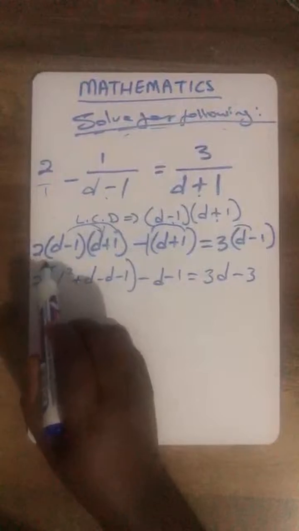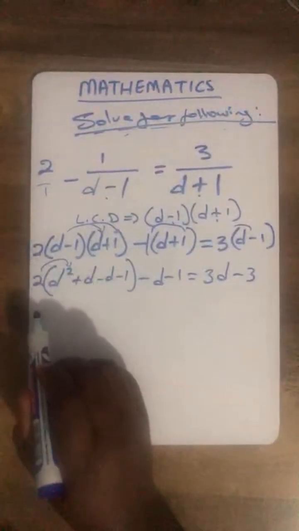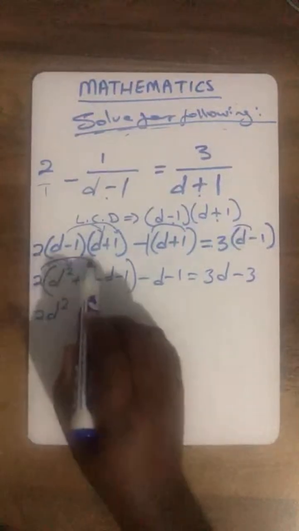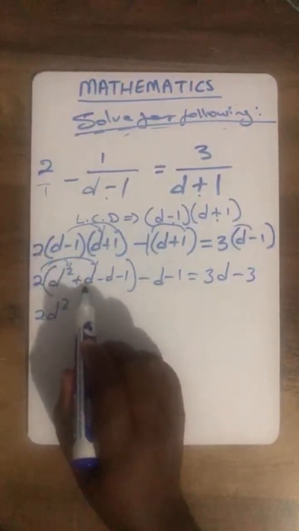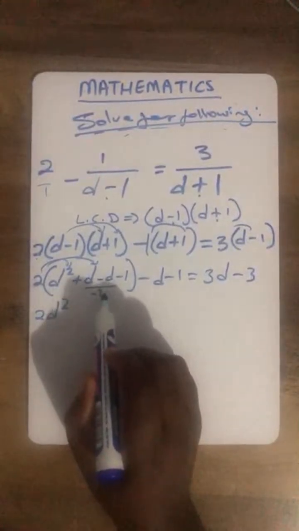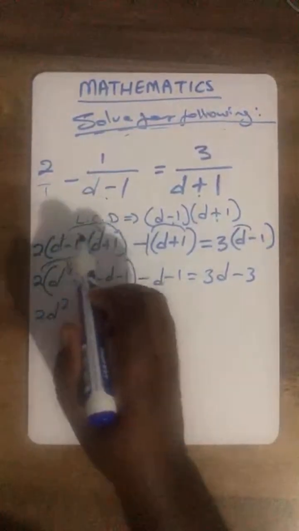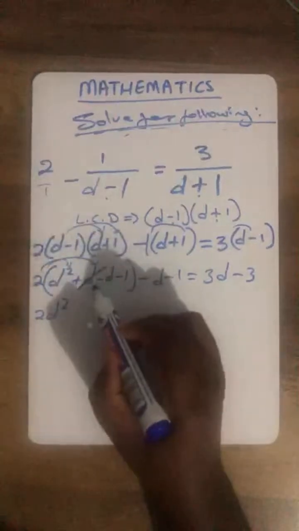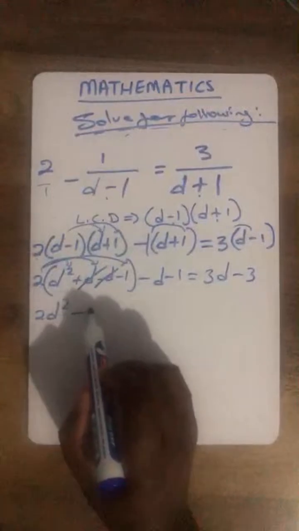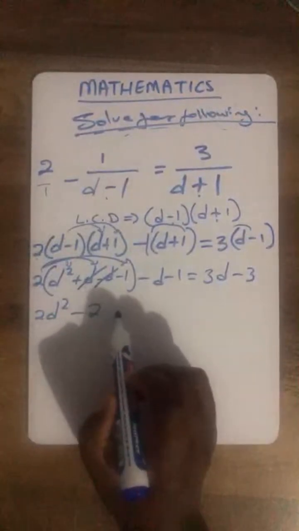So now you're going to say that times that, which is 2D squared. That times that, so obviously these two, they cancel each other out. These ones, they cancel each other out. So it's like you have that 2 times negative 1, which makes it now negative 2.